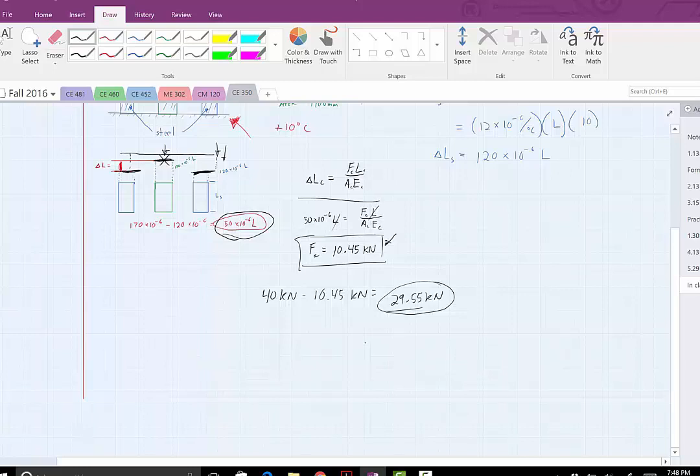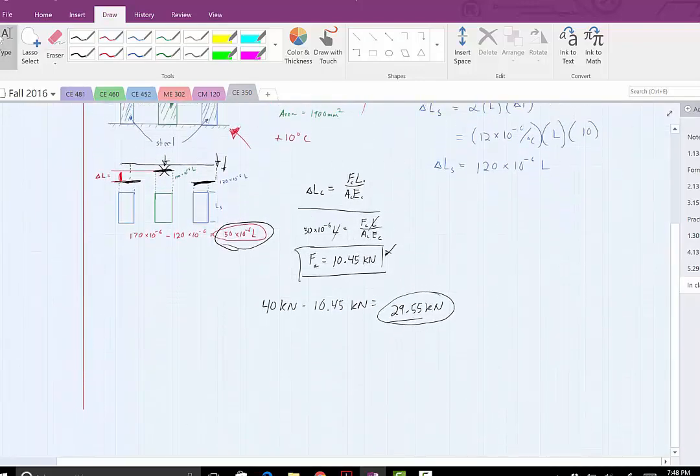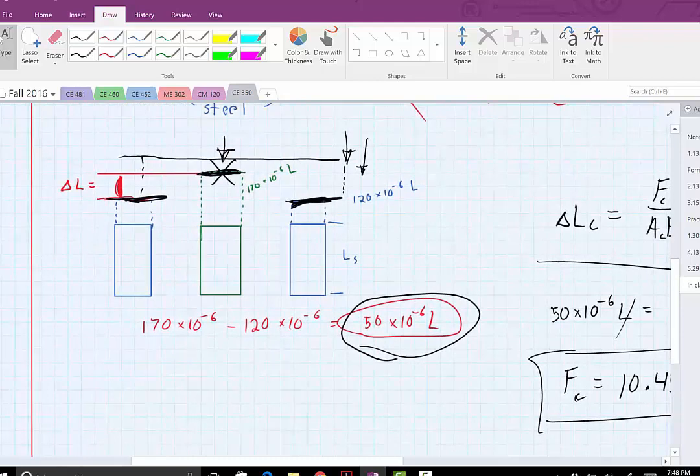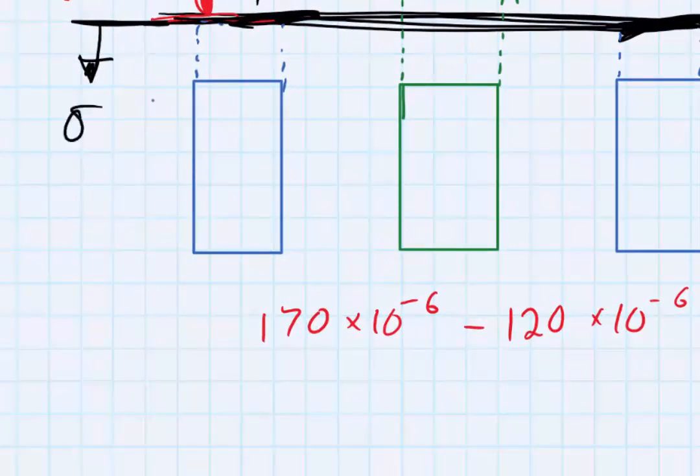So how do we determine this? Well, we can look at our relationship when they deflect. If we go back to this drawing here, once the bar deflects this distance and touches all three members, at that point there will be an even deflection between them.